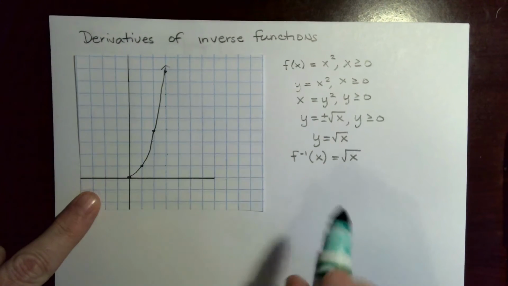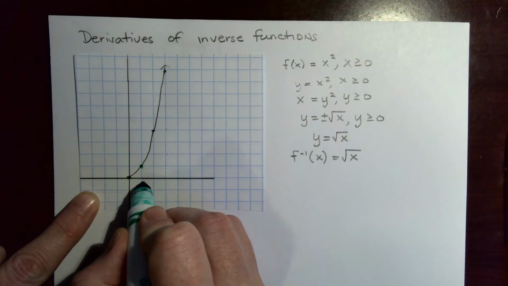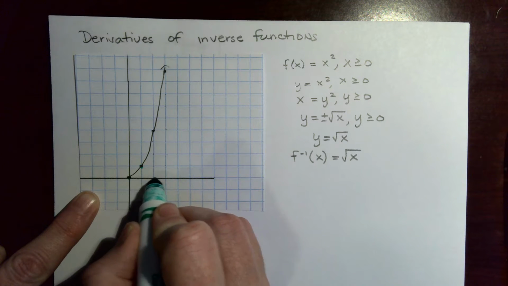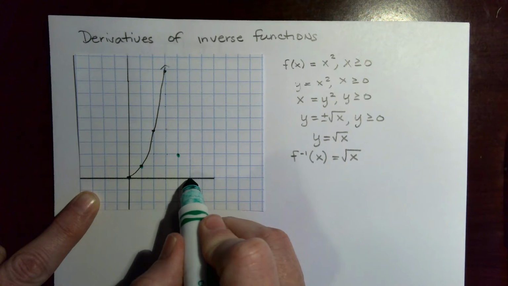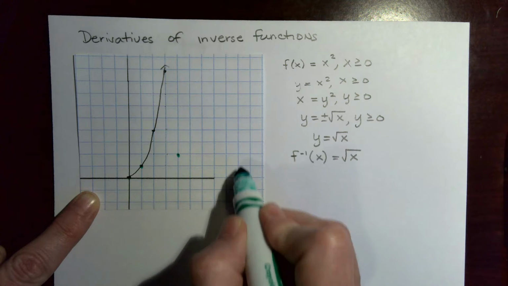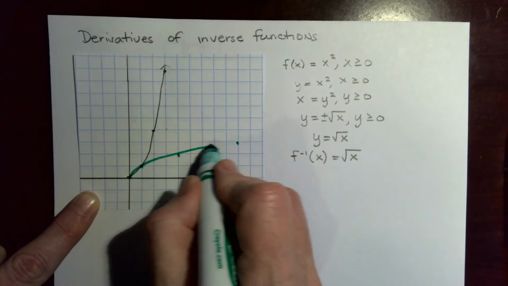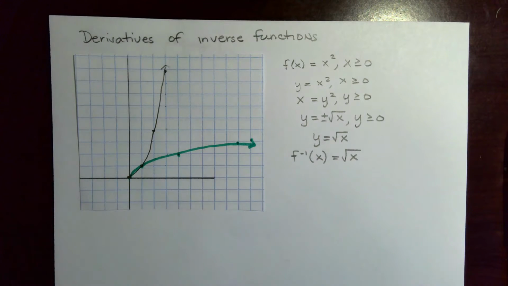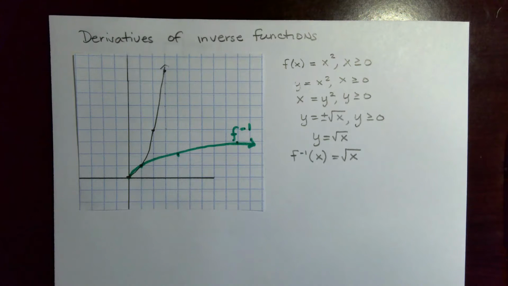Okay, so we know the square root function does this. So the square root of 4 is 2, and the square root of 9 is 3. Okay, so this is the inverse, and this is the original.